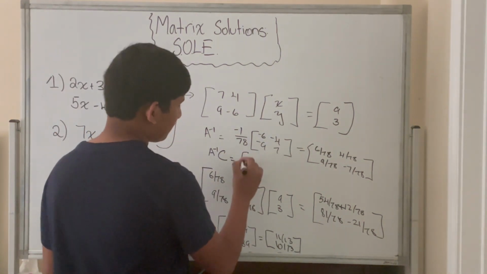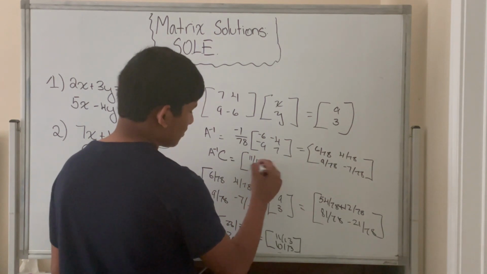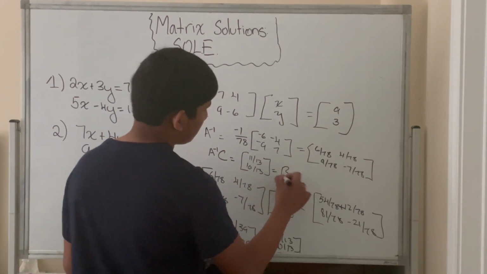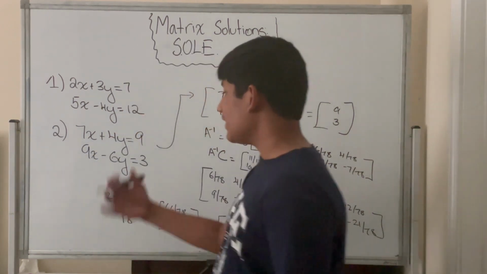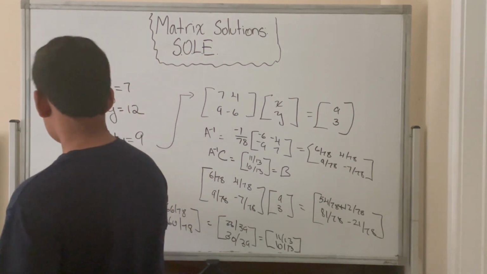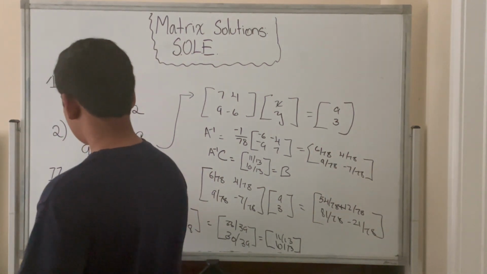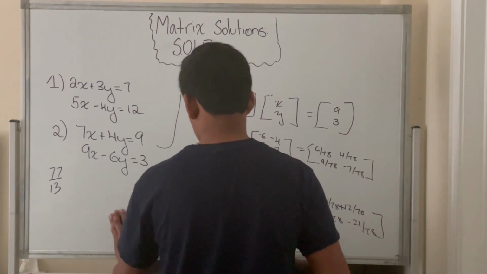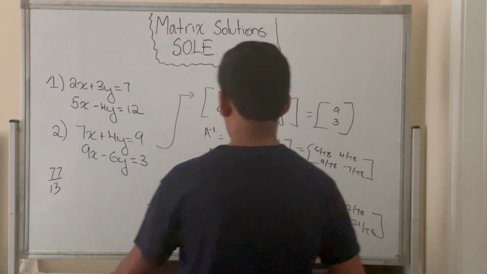So we got 11 over 13 and 10 over 13, which are also equivalent to B. Okay, plugging in, we got 7 times 11 is 77 over 13. So let's erase this piece of work.